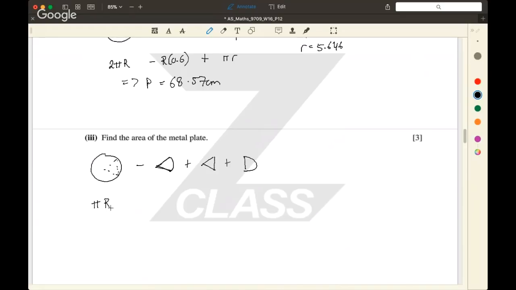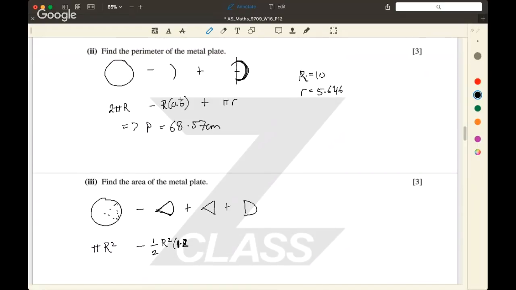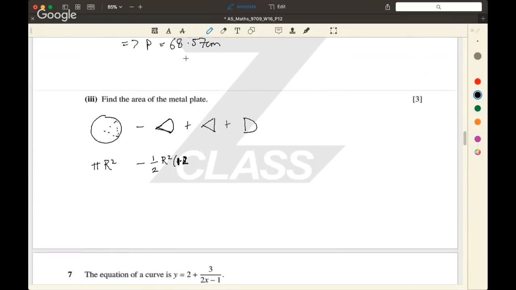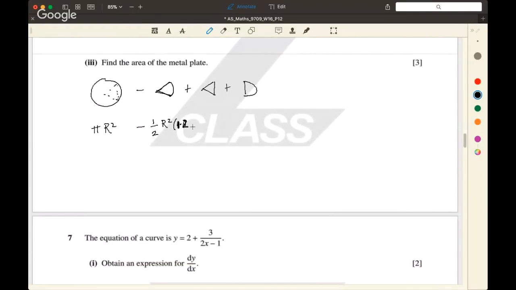So what's the area of the plate? Well, it's pi big R squared minus, and then we can use the formula booklet to find the area of a slice that's subtended by an angle, which is 1/2 R squared times the 1.2. Oh, the same thing was true here. That's really dumb. That should have been 1.2. Apologies. So yes, 1/2 R squared times the angle plus this triangle.